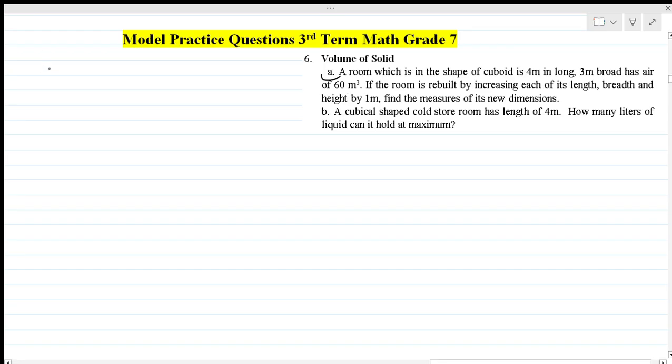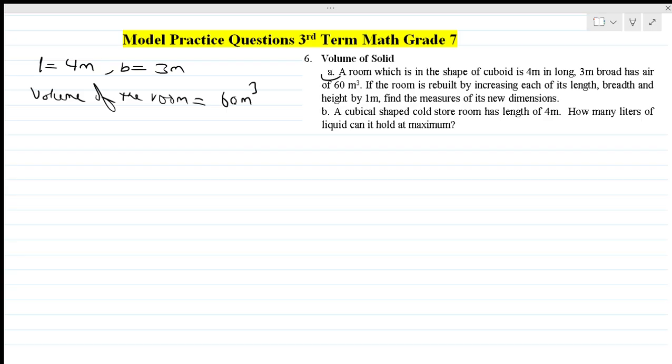So let's write down what we are given first. Length is 4 meter, breadth is 3 meter, and the volume of the room is 60 meter cube. The volume of a cuboid has 3 dimensions, so it's L into B into H, that equals 60.